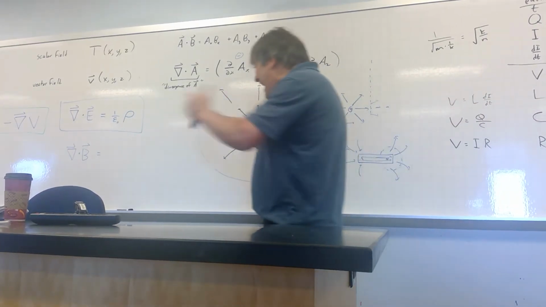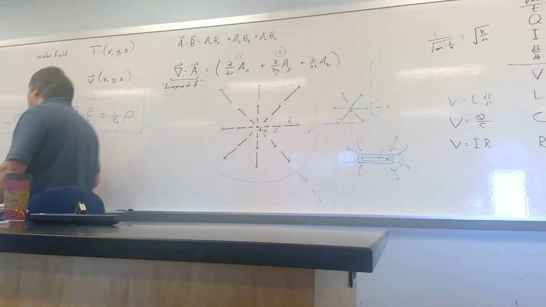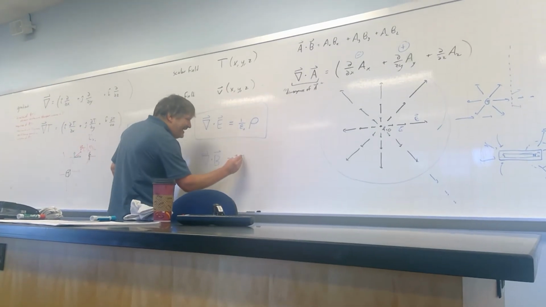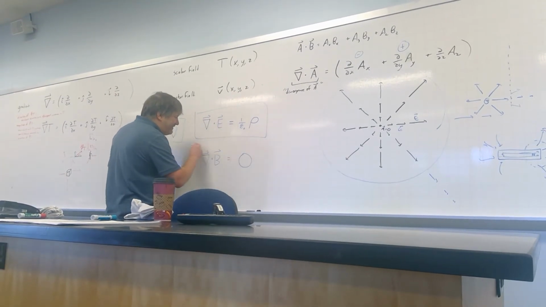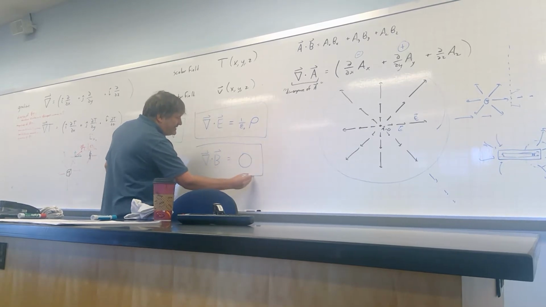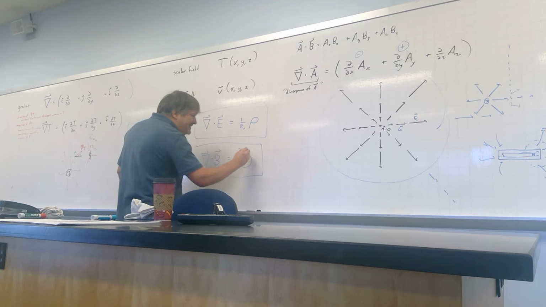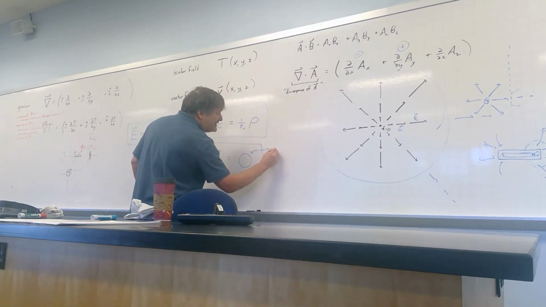So, tentatively, until the triumphant day when we discover the first magnetic monopoles, the second of Maxwell's equations reads this. It's telling the B field never diverges outward from a point. There is no such thing as magnetic monopoles.